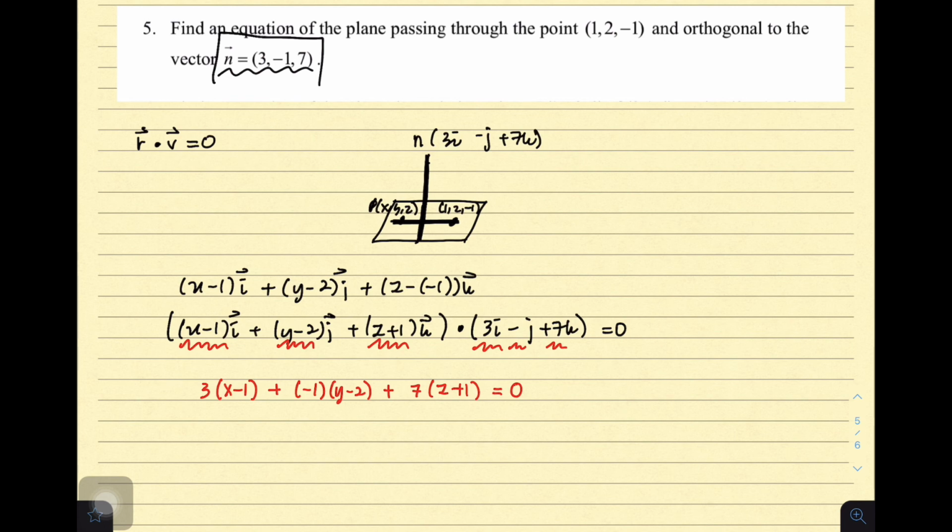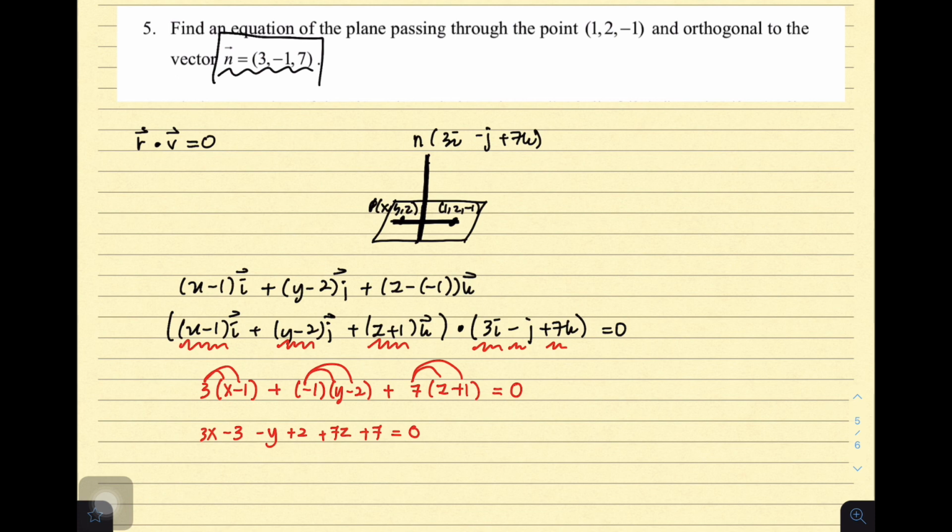Okay, so now what you need to do is you need to expand this equation. So 3 times x, you have 3x. 3 times -1, you have -3. -1 times y, you have -y. -1 times -2, you have +2. 7 times z, you have +7z. 7 times 1, you have +7 is equal to 0.